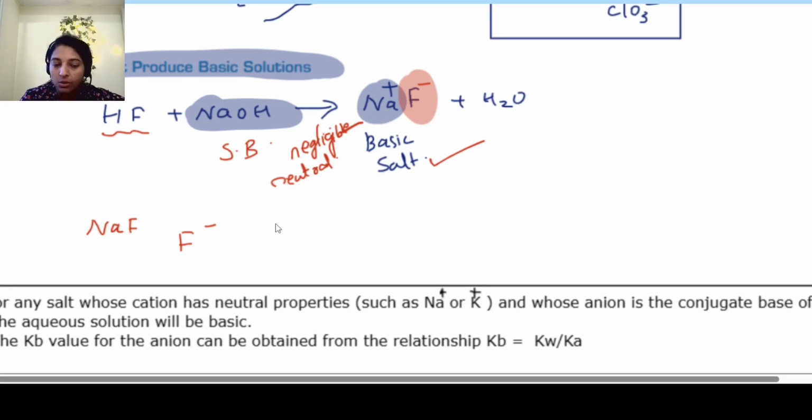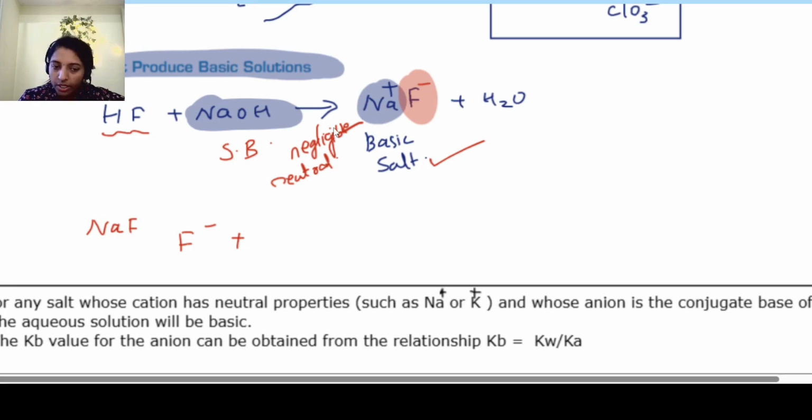How do you write the base dissociation equation? You can write it as I already discussed in titration. If you have any doubt about titration, you can check my video. In titration, you may wonder why I am taking just F− if NaF is formed. This is the reason. The actual reason for its basicity is F−.